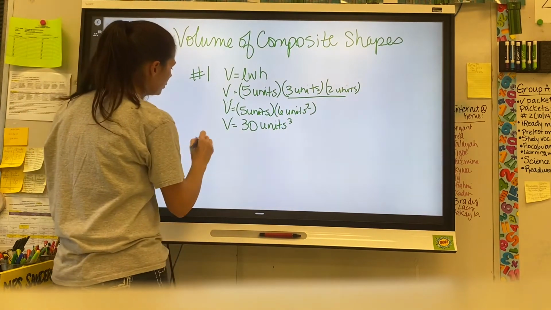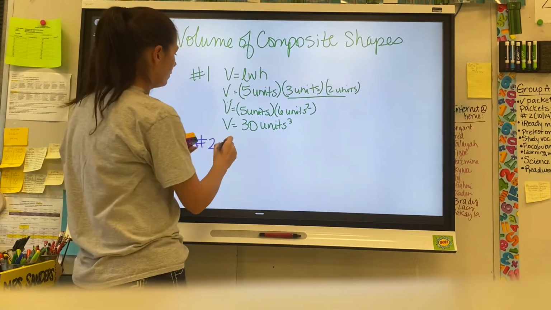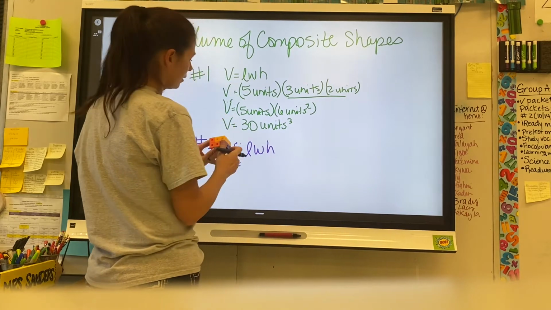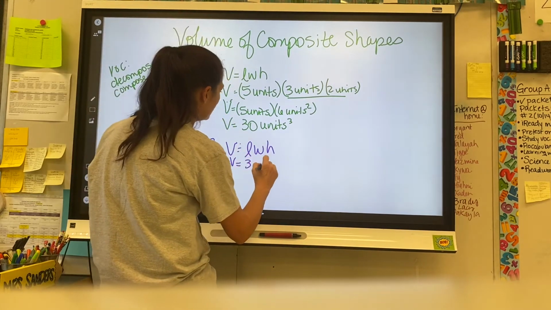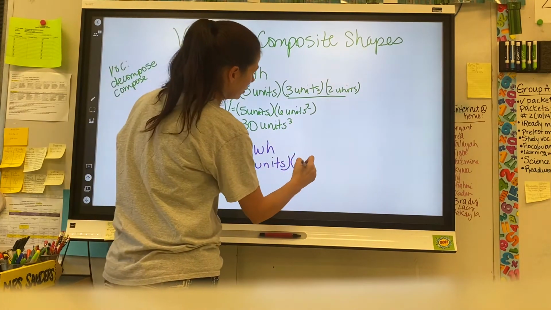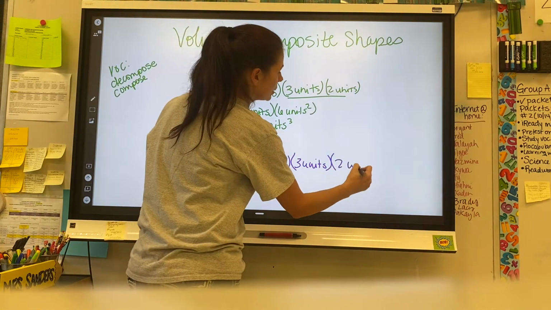So for my number 2 shape, rectangular prism, volume equals length times width times height. The length is 3 units. The width is also 3 units. And the height is 2 units.